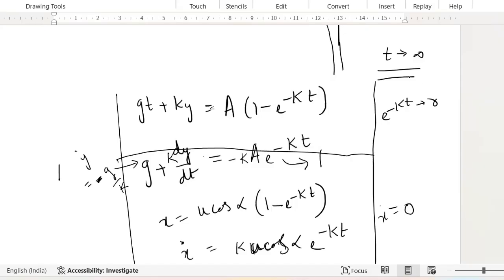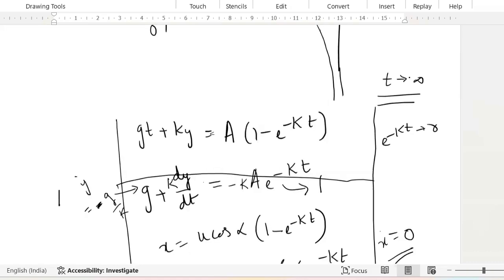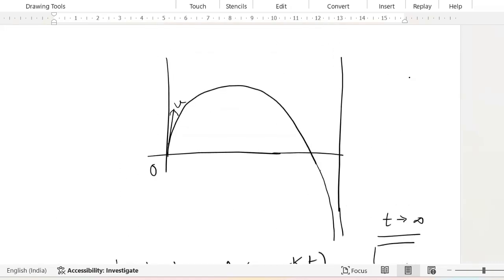So what is the implication of it in our motion? I have projected the particle with some velocity u. So it has started rising first because of this projection velocity. And as it is rising, two external forces are acting, both resisting the motion.